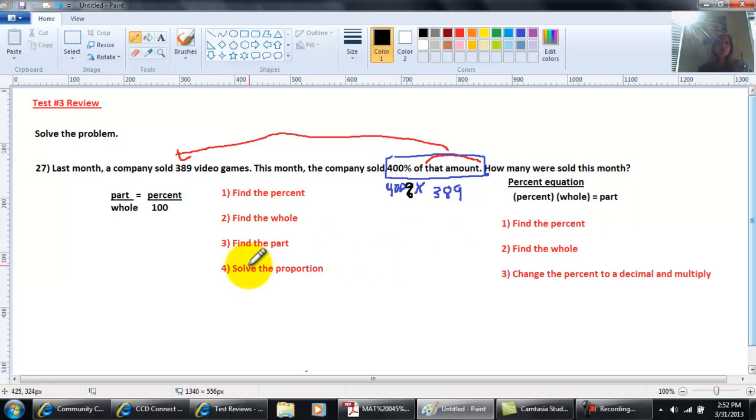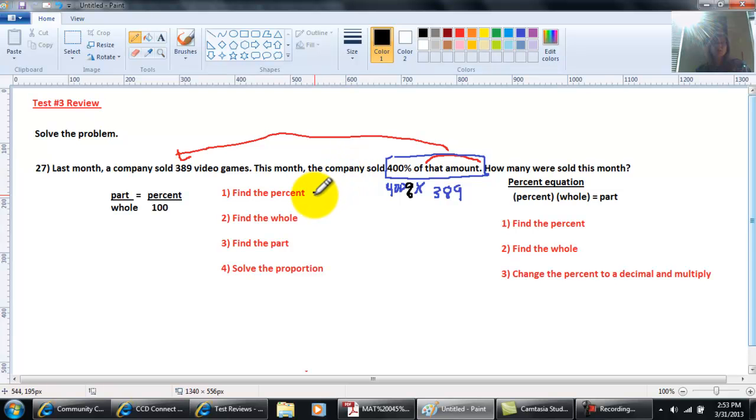In this situation, you wouldn't have to change the percent to a decimal because of this percent over 100. It is already taking care of your number. So let's solve this side. We'll find the percent, find the whole, and find the part, and we'll plug it all in.